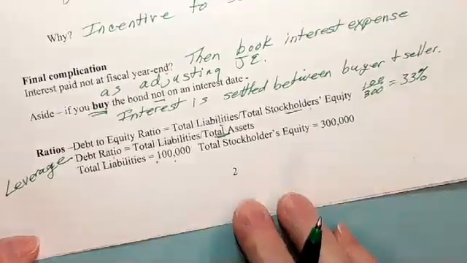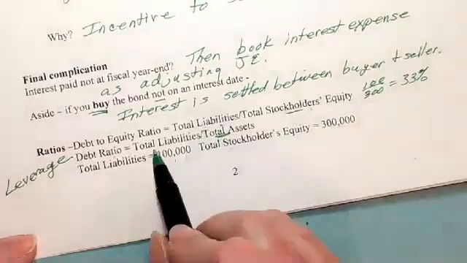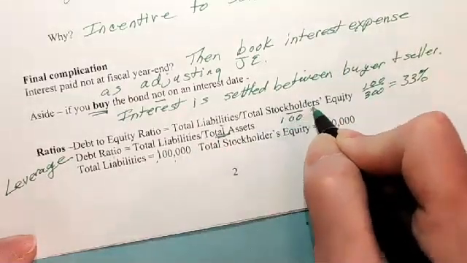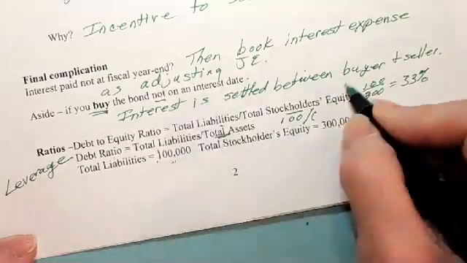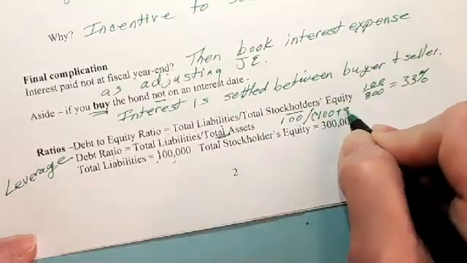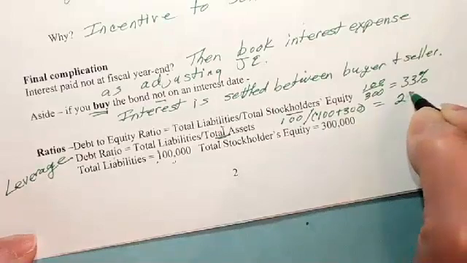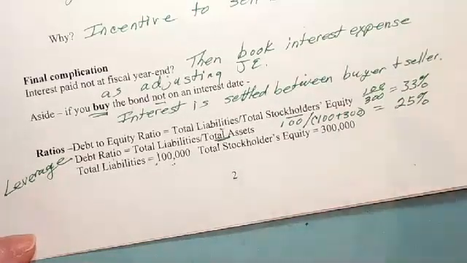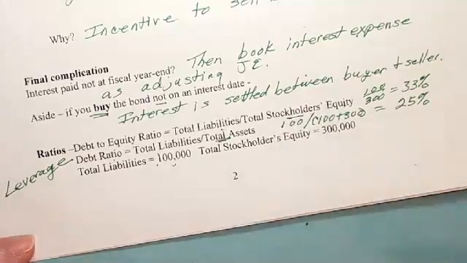My debt ratio would be 100 over 100 plus 300, which would be 25%. Both telling you exactly the same thing. Clearly a relationship between those.